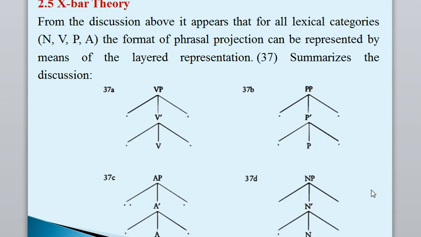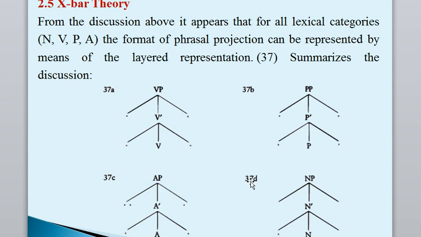So at last we can conclude a kind of X-bar theory. From the discussion above, it appears that for all lexical categories, noun, verb, preposition, or adjective, the format of phrasal projection can be represented by means of the layered representation.